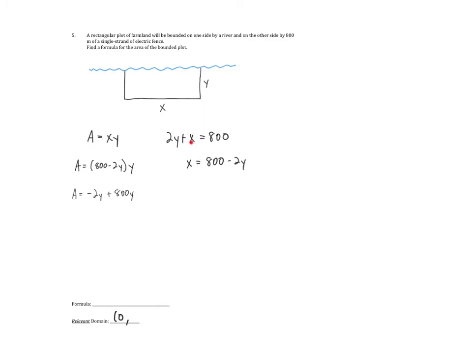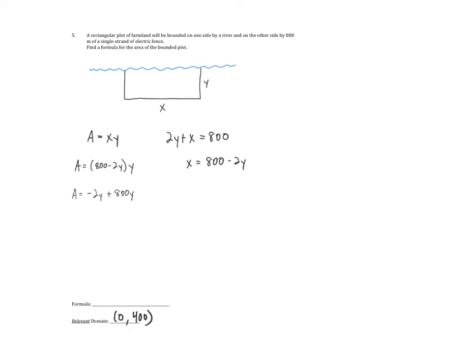The biggest x could be is 800, but this y is what we're dealing with here. So this y can't be bigger than 400. It can't be 400 or bigger. If y was 400, this would be 800, and x would be 0. So we can't have that. This length can't be 0. If y is bigger than 400, that would force x to be negative. So y goes to 400.